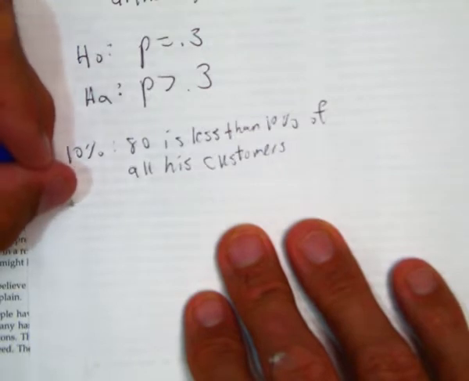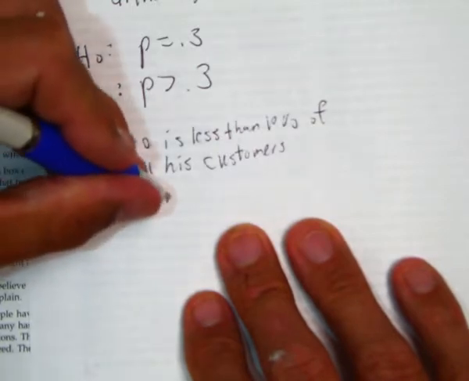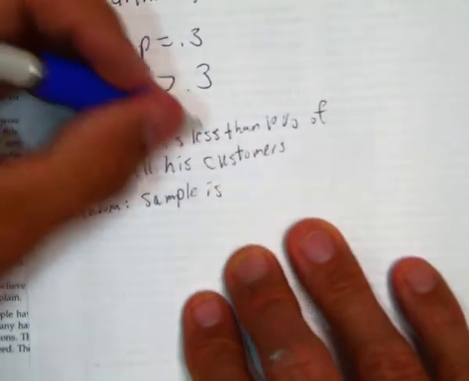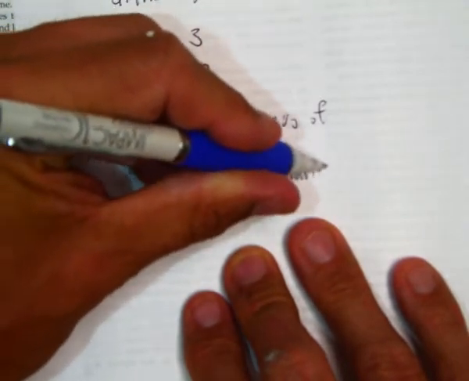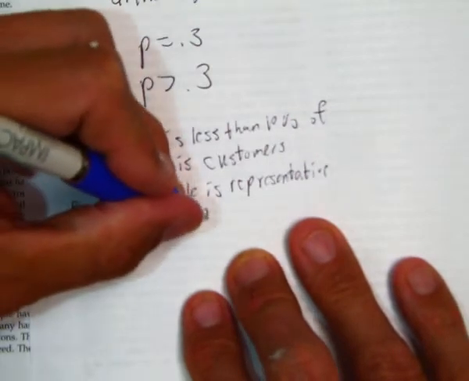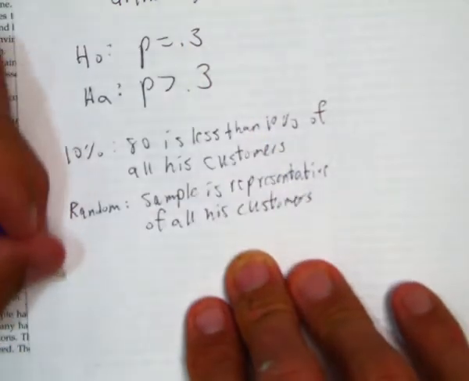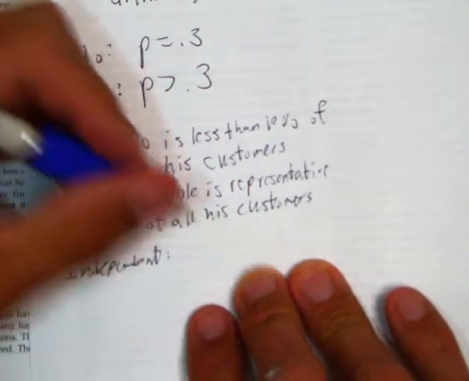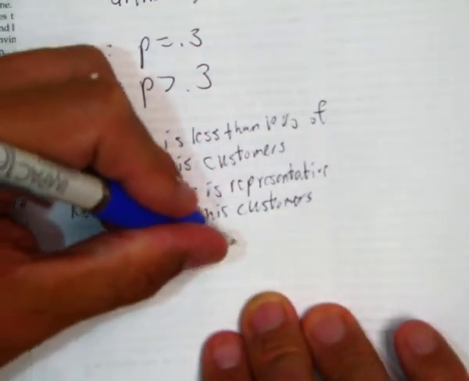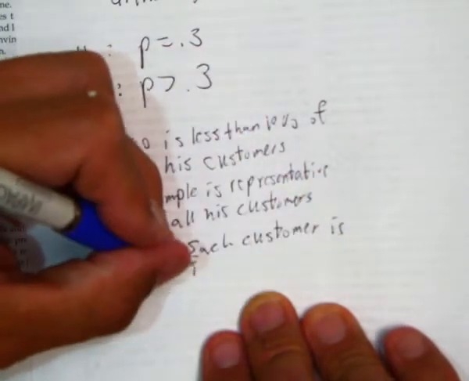Random or representative: we're going to assume that the sample is representative, but it's not random, of all of his customers. Independent: we're going to assume that each customer is independent.